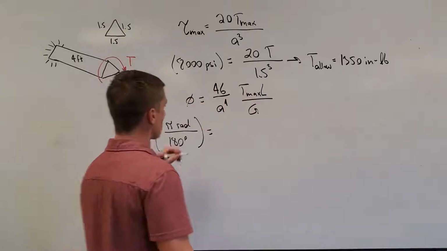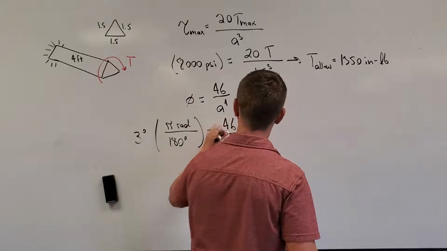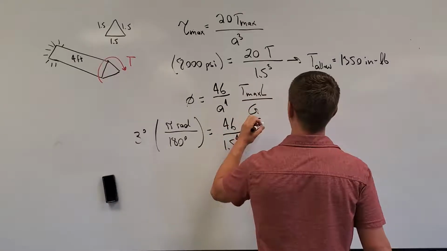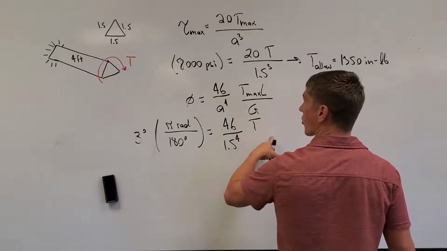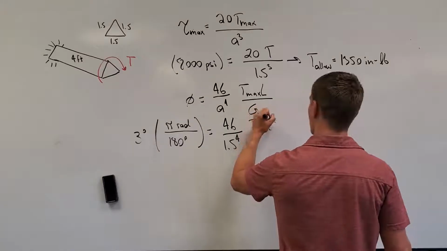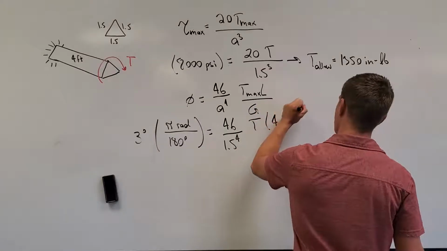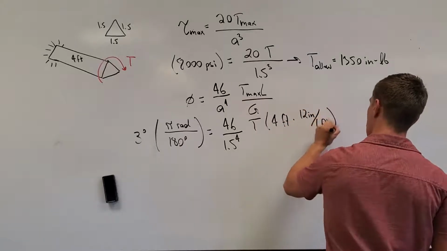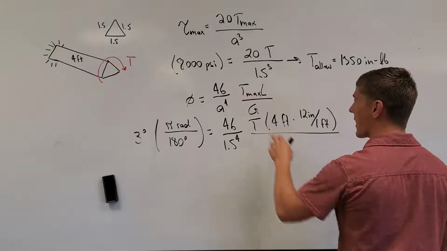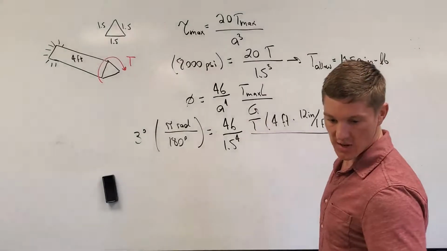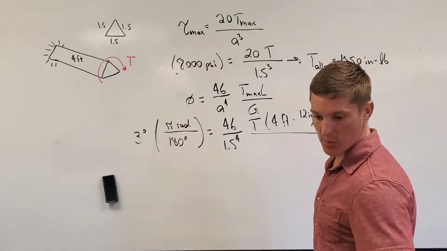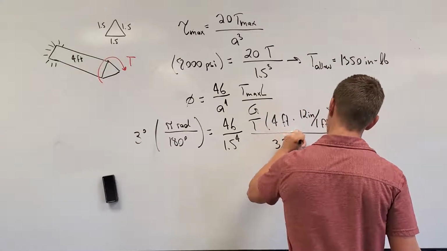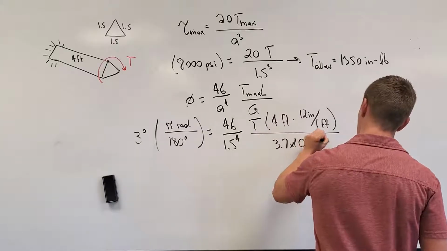That's going to be equal to 46 over 1.5 to the 4, our T max, which is what we're after again. Our length of the shaft in this case is going to be 4 feet times 12 inches per foot, all divided by the modulus of rigidity, which is 3.7 times 10 to the 6 psi.